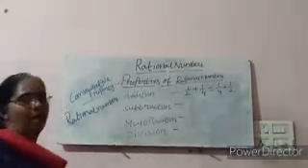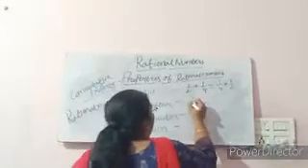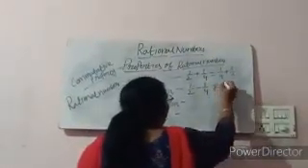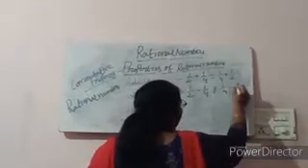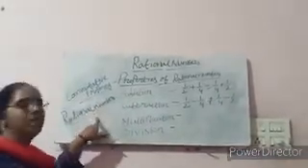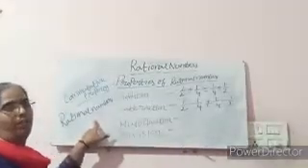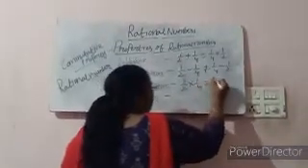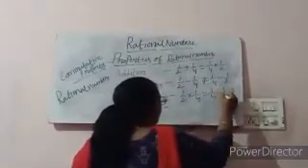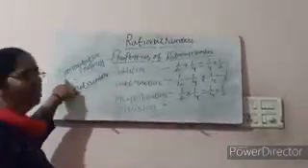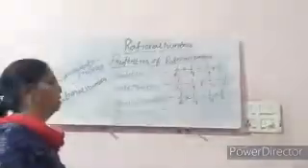Now coming to subtraction. 1 by 2 minus 1 by 4 is not equal to 1 by 4 minus 1 by 2. So the commutative property won't be satisfied. Now coming to multiplication. 1 by 2 into 1 by 4 is equal to 1 by 4 into 1 by 2. So here multiplication is commutative on rational numbers.